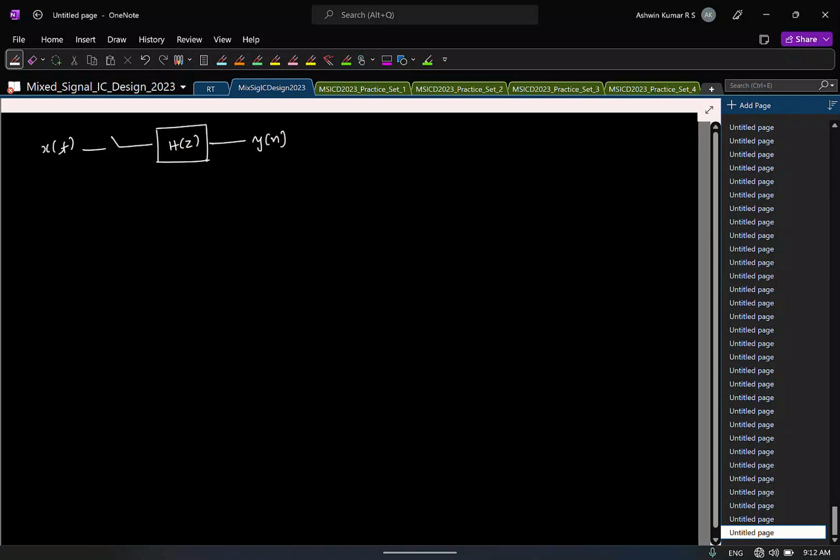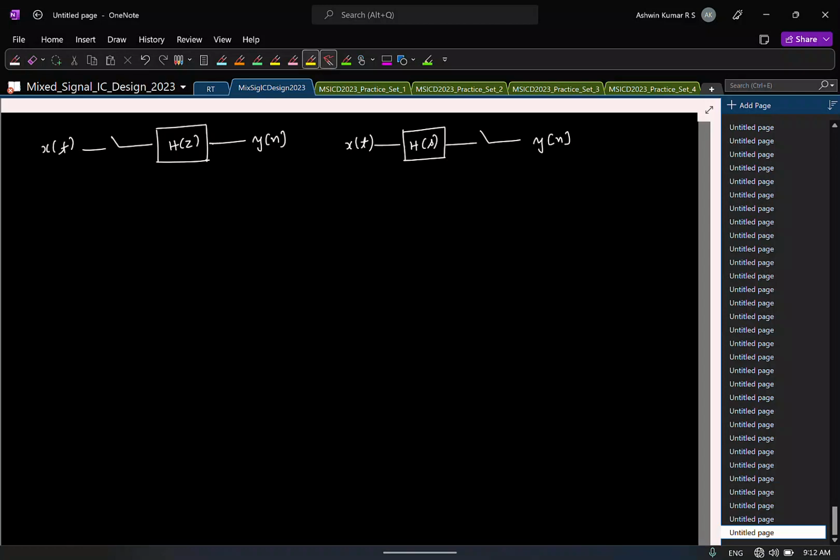So instead people thought, why can't I do this? Let's filter it in the continuous time domain itself using a continuous time filter, and then I sample it, and if I somehow choose this filter such that for the same input I get the same samples here, I am saved, right? This at least logically makes sense.